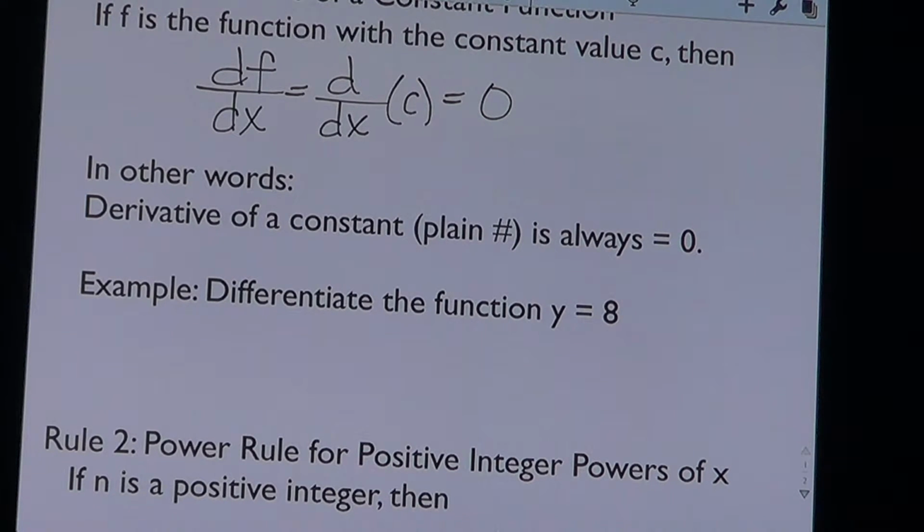When we say derivative, if they give you y, we say dy/dx, or you could say y prime equals what? What's the derivative of a constant always going to equal? 0.